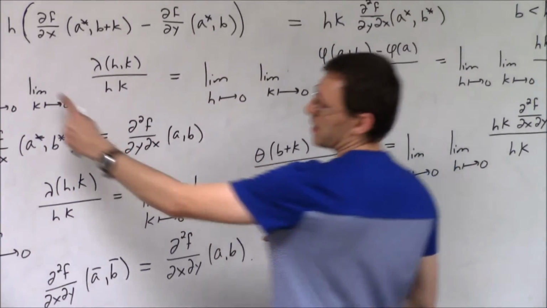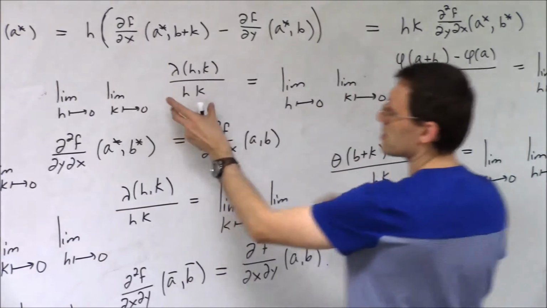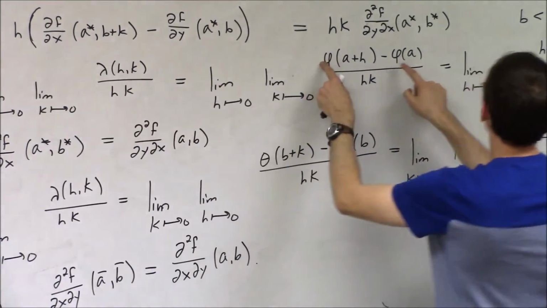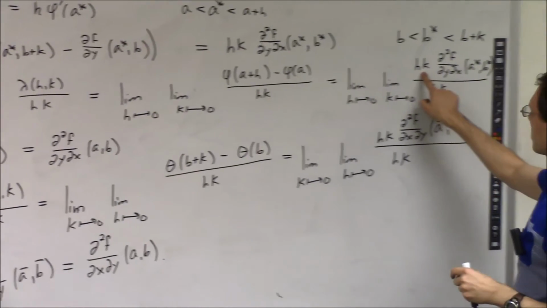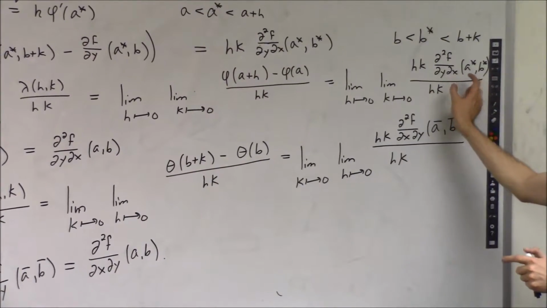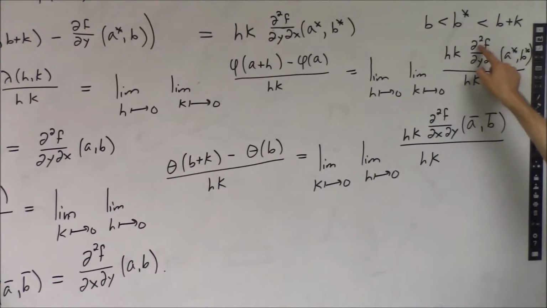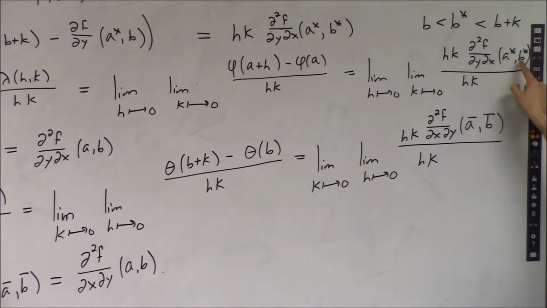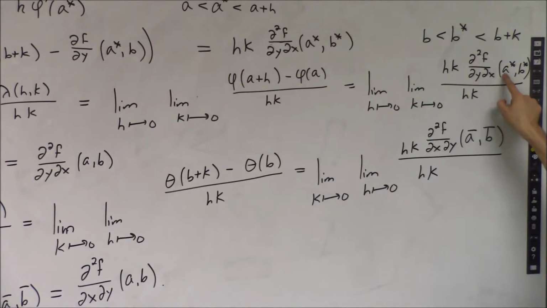Look at it, right? Forget about the limit for a moment. When you're doing this approximation here, you're just saying lambda of hk is this, and then once you get to this point, you can cross out h and k. So really lambda of hk is equal to the derivative with respect to y, with respect to x, at some a star b star. For any h and k, it's equal to some a star b star. There are variables.